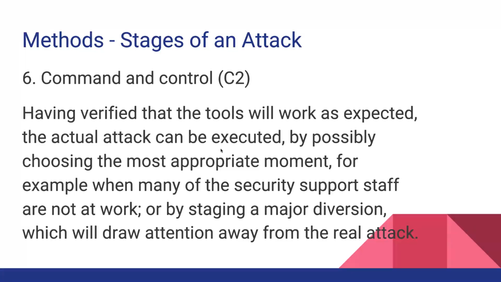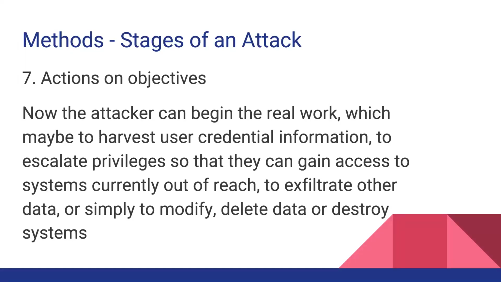Okay, let's see. Next, actions on objectives. This one is that the attacker can begin the real work with maybe harvesting user credential information, meaning to get the user information, right? Then they try to escalate privileges so that they can gain access to systems.